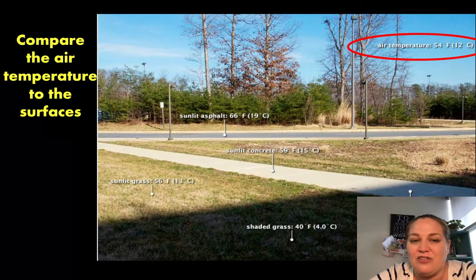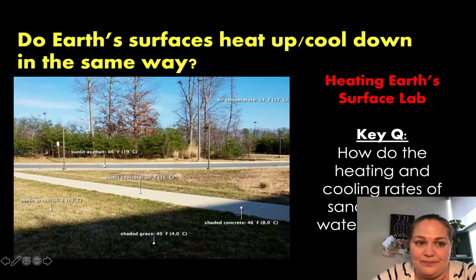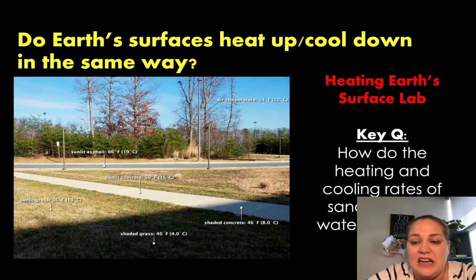So then, if all of this energy is coming from the same place, our sun, why isn't everything heated up to the same temperature? That's what you're going to be exploring today. So your key question for the Heating Earth Surface Lab is, how do the heating and cooling rates of sand, soil, and water compare?